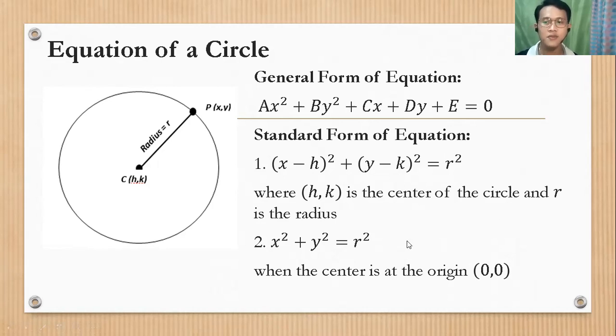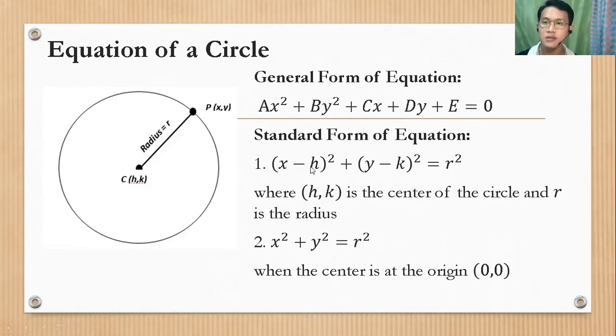And we have here the case when the center is at the origin (0, 0). So you can have the standard form also when the center is at (0, 0). It's x squared plus y squared is equal to r squared. So friends, what happened to our h and k? There will be no more h and k because the value there is 0.